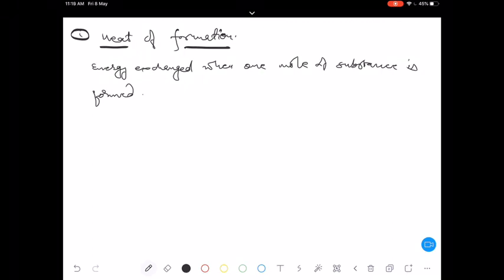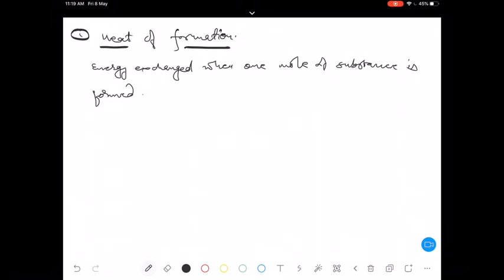That will be heat of formation. But this definition doesn't give us a clear picture. Also, it doesn't define everything properly, because that 1 mole of compound which has been formed can be in various different forms, or it could be in a different state, or it could be formed from any two things.